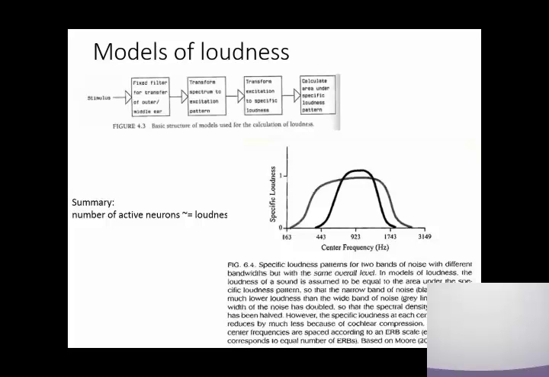They all had the same overall sound pressure level, but they increased in loudness up to a certain point where we came to the critical bands. Remember that? That's exactly reflected in here. So we have a narrow band noise and a wide band noise, and if we plot the excitation pattern on the basilar membrane and we integrate the area underneath, we get a good level of loudness.